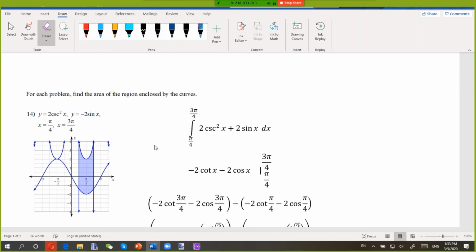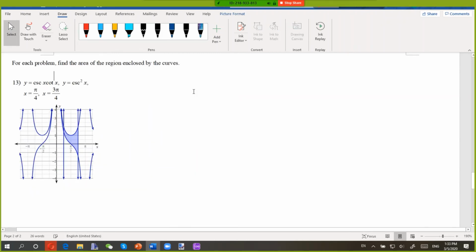Okay, so we are finding the area between these two functions.